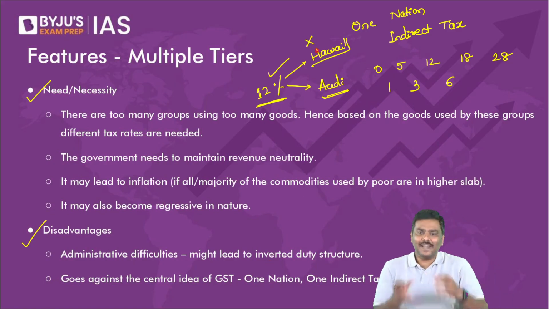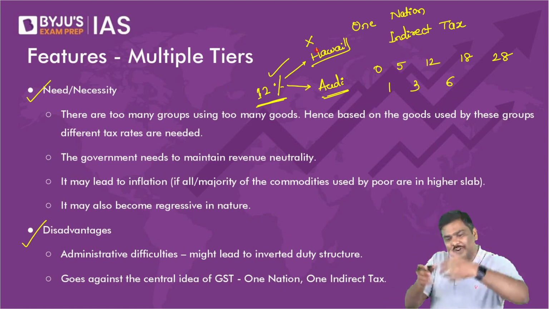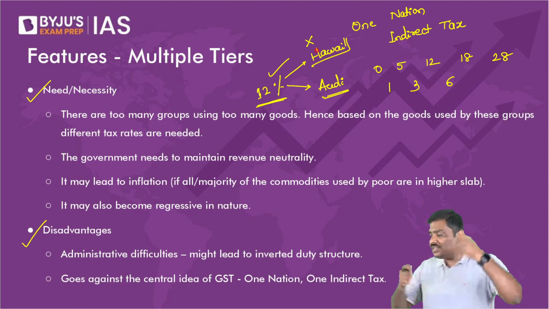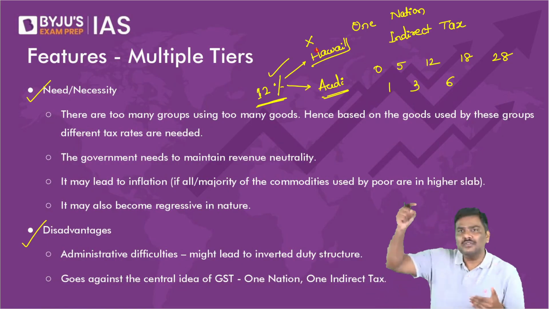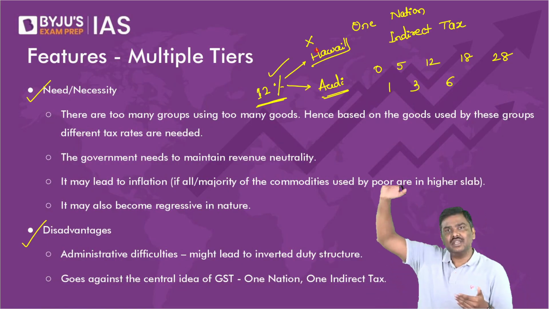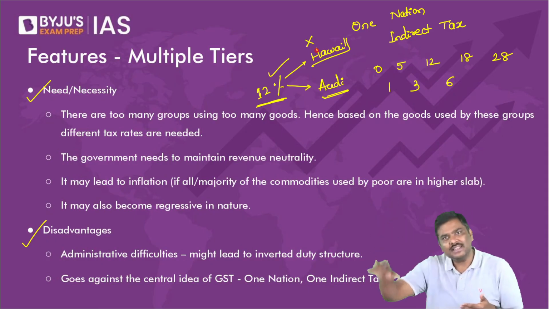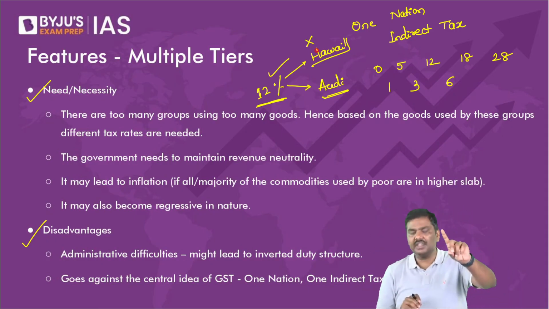So should you have a same rate of GST on these kind of products? No. There are different groups, so different goods are consumed, different services are consumed, and that is the precise reason we say for some of the goods, let's have a higher rate of GST. For some of the goods, let's have a lower rate of GST. First reason.